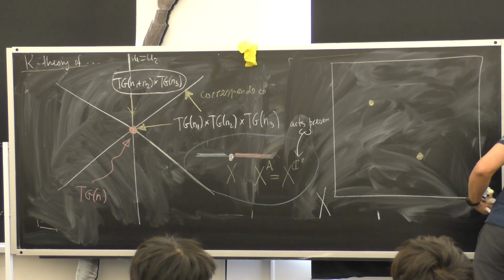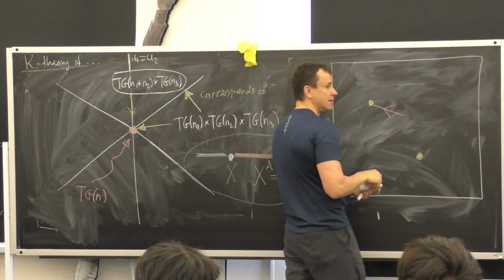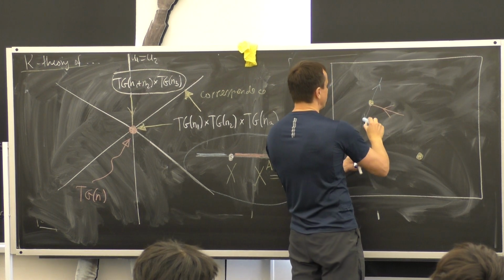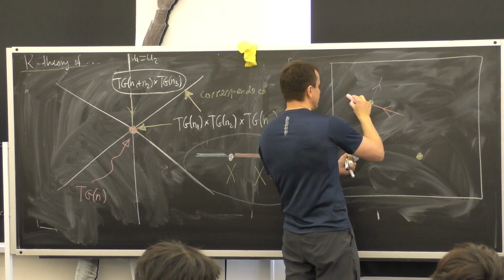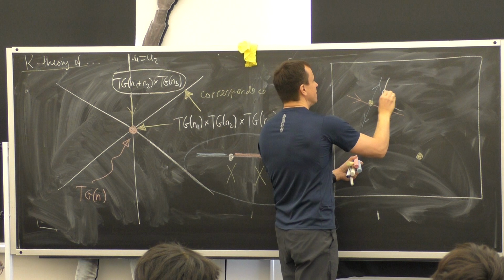Cross, and then I look at the normal bundle, there will be some attracting directions and some repelling directions. And the general trajectory will go down.